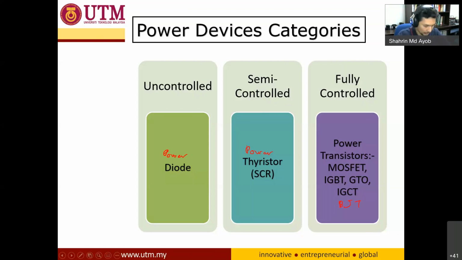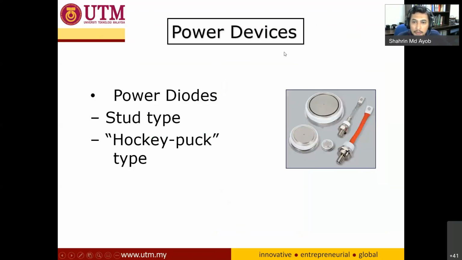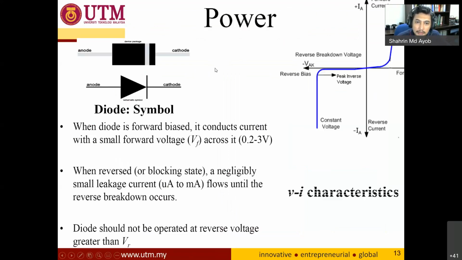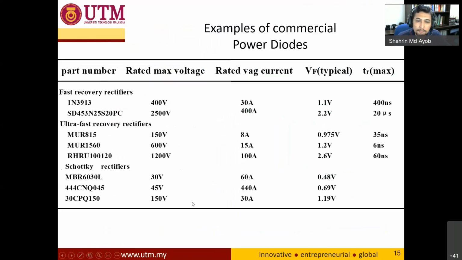I think that's all from me today. We will meet again next week, where we will introduce each of the devices, for example the diode, the symbols and the models that are available in the market, and so on. That's why I emphasize more on the voltage blocking, voltage drop, and forward current, because it is related to this.